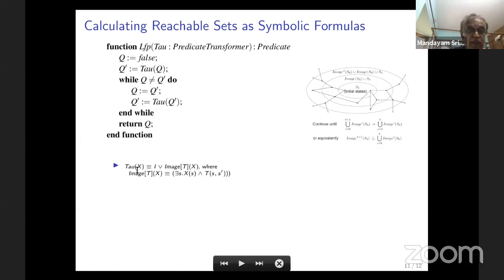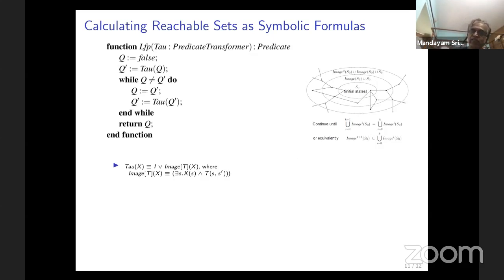Okay, so by defining tau, tau is what happens in each iteration. This is a general pattern of computation that I want to identify.